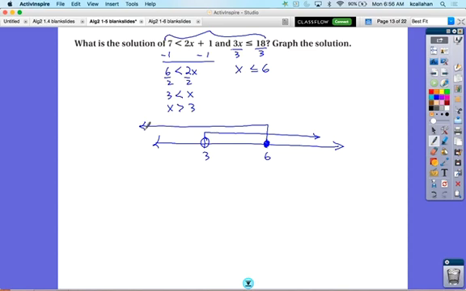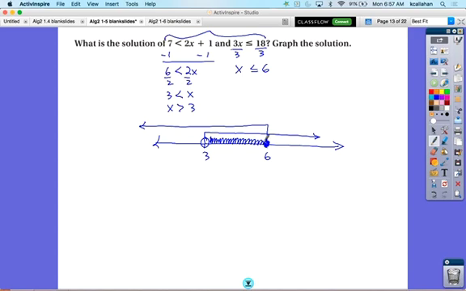Now, for the compound inequality to be true, we need to find the part of the number line where both of those inequalities are shaded in. Again, where is that? Well, it does not include 3, because 3 is not included in this one. But it starts just to the right of 3, and it goes all the way to the 6. So, this is the solution.